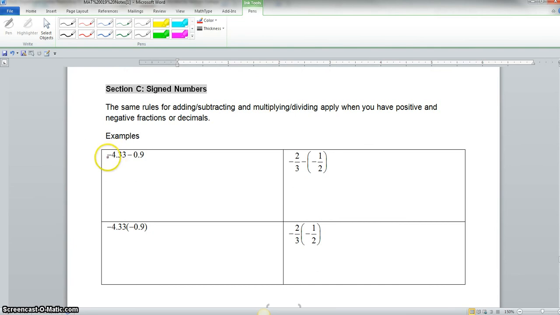Now we go here. We have a negative 4.33 minus 0.9. So they have the same sign. So we know we would add them. So we'll take 4.33 plus 0.9. We can add a 0 here. This will be 3. 3 plus 9 is 12. Carry our 1. And we will have 5.